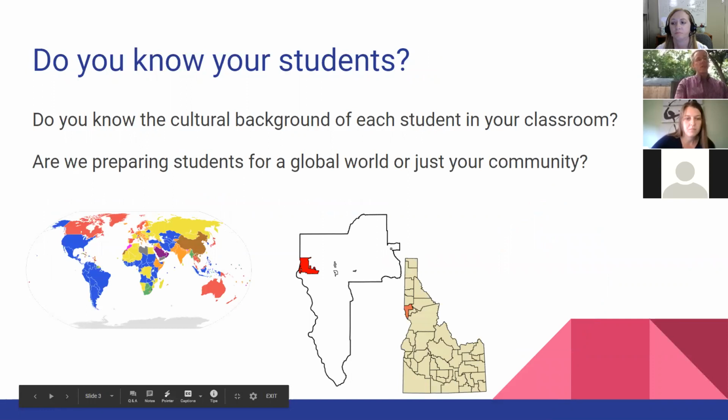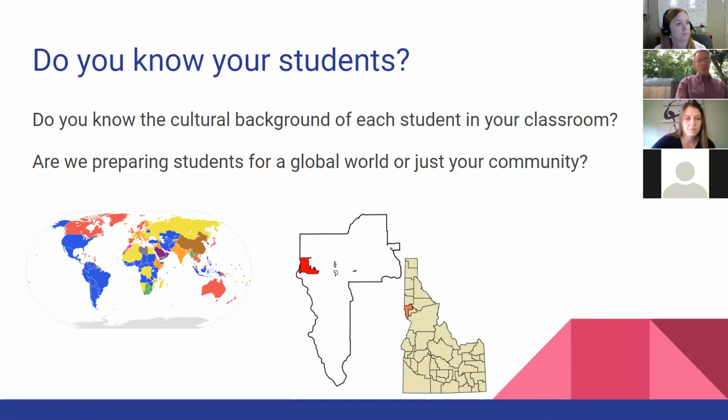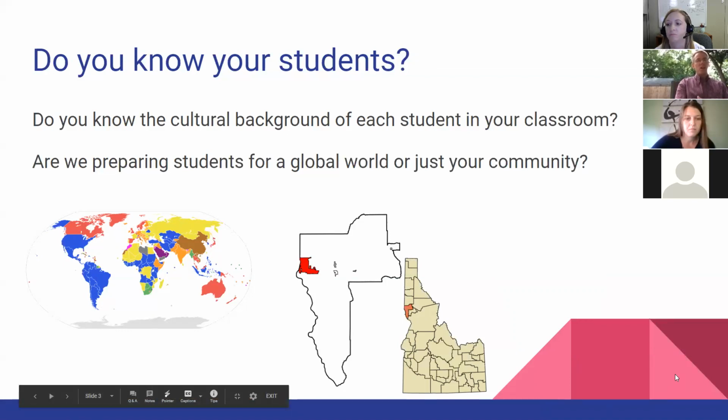So when we go into our classrooms this fall or whenever we're back in our classrooms, do we really know the makeup of our students, their cultural backgrounds? For example, I'm in the Nez Perce County, Lewiston area, and you can see it highlighted there.